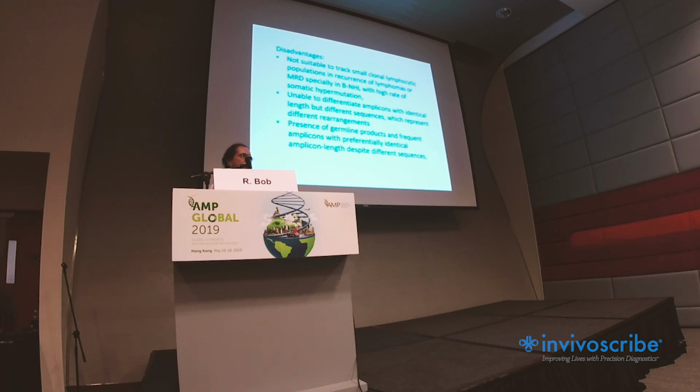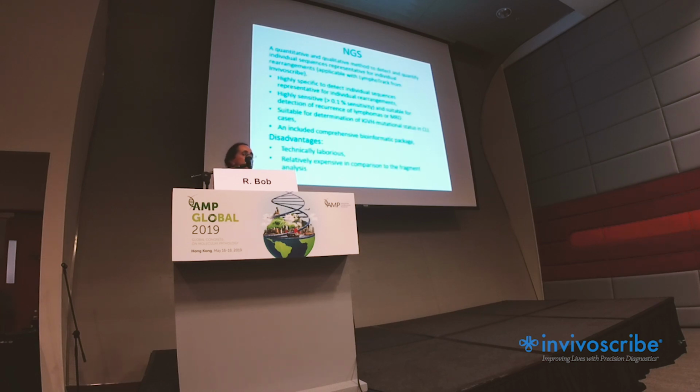It's also influenced by somatic hypermutation, because when the base pairs change during somatic hypermutation, you cannot track a clone. And there are also some technical problems which couldn't be solved with the primary set design. There is a preferential amplification of products with different sequences but the same base pair length. So these are pitfalls that we cannot solve.